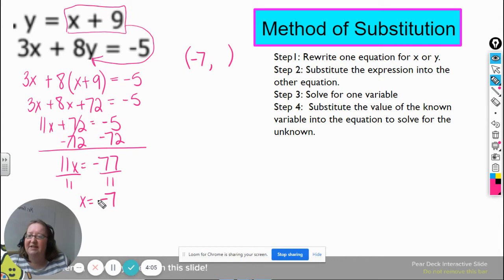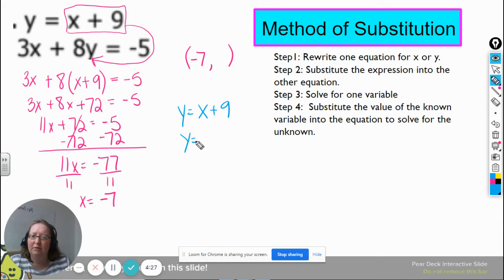So I'm going to take this -7 and I'm going to substitute it into this equation for x. So maybe I'll even change my color so that you see this is like a different step. So I'm going to say y is equal to, maybe I'll just rewrite this first, just so you see what I'm talking about. I'm taking this equation right here.